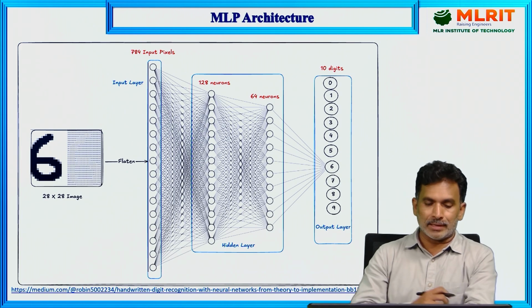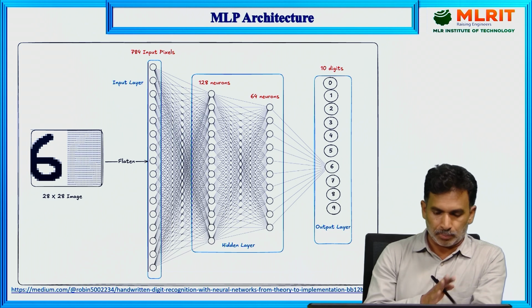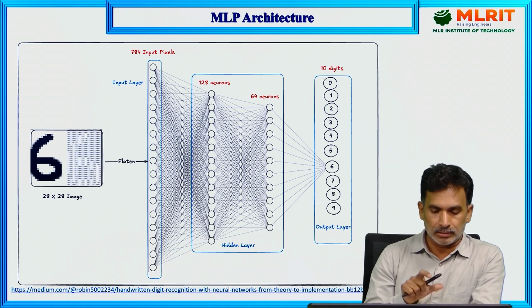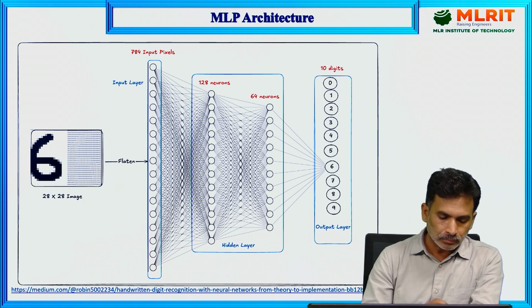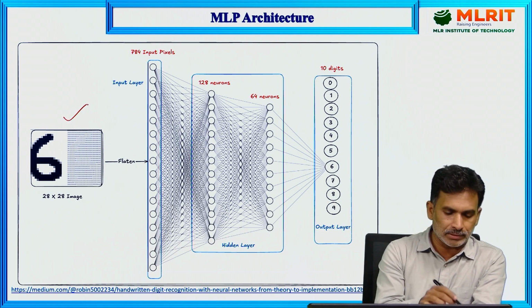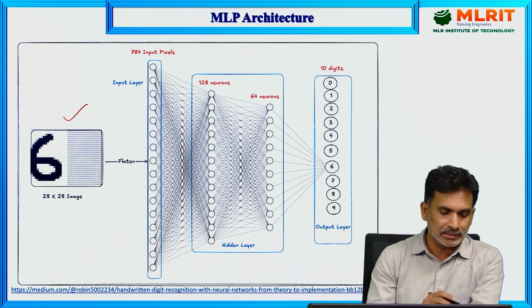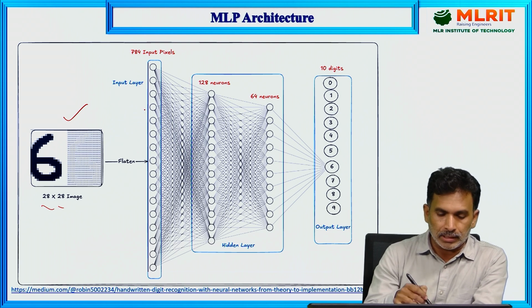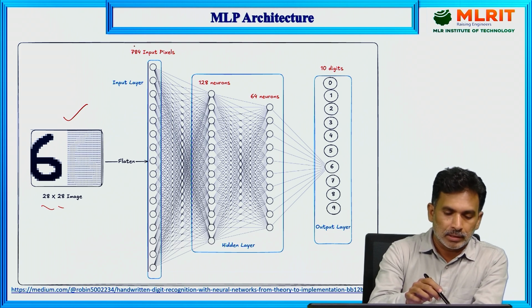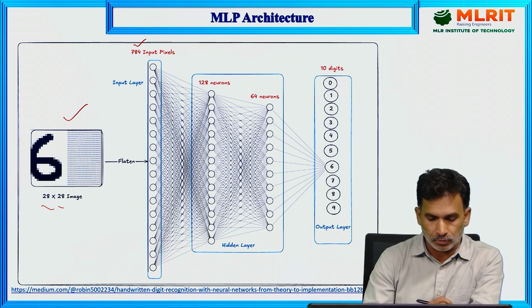This is an image obtained from the internet, showing the problem we are going to solve and the complete network architecture for it. The sample image we give as input is a digit 6, of size 28 by 28, and the input layer has 784 input pixels, so 784 neurons.